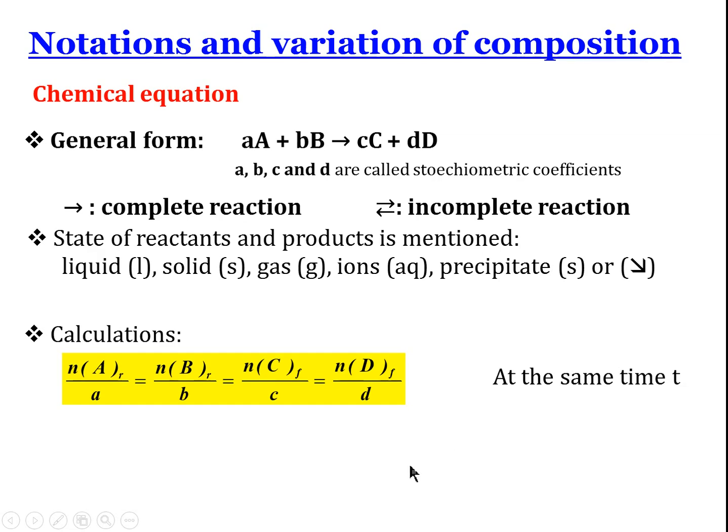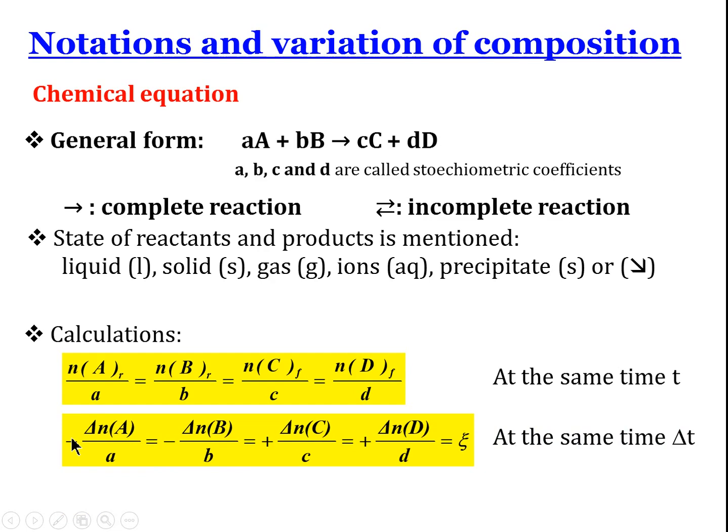Another relation: the variation of the number of moles of A divided by a, with the sign minus, equal minus delta nB divided by b, equal plus delta nC divided by c, equal plus delta nD divided by d, and this relation is also applied at the same interval of time delta t.